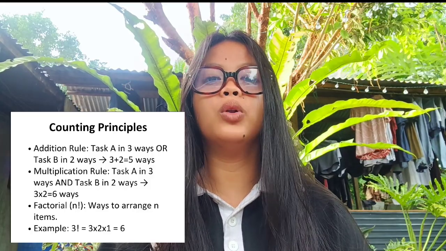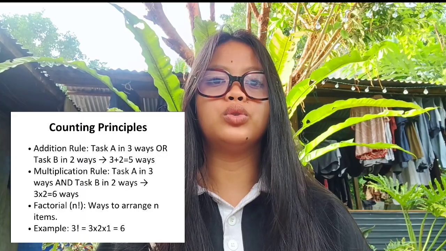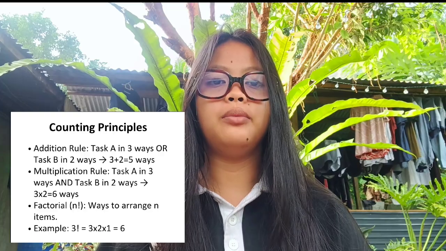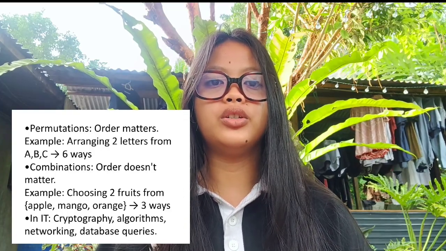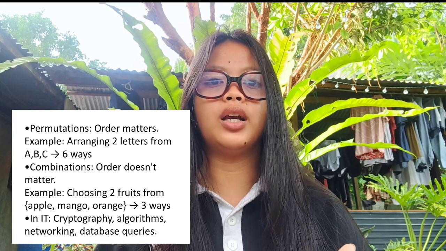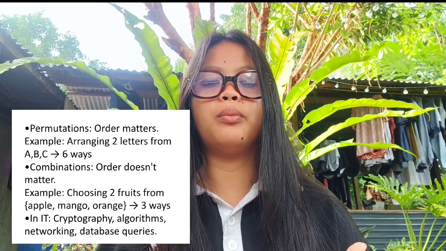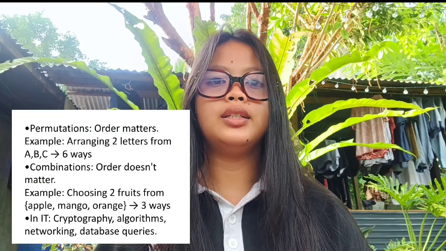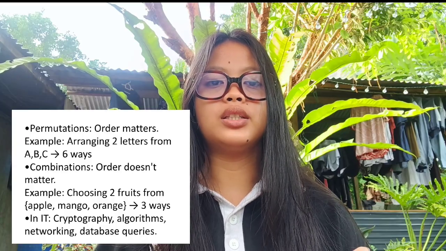Factorial is a way to arrange n items. For example, 3 factorial equals 3 times 2 times 1 equals 6, the arrangements of A, B, and C. The next one is permutation, where order matters: choosing and arranging items. For example, arranging 2 letters from A, B, C: AB, AC, BA, BC, CA, CB. That's 6 ways.